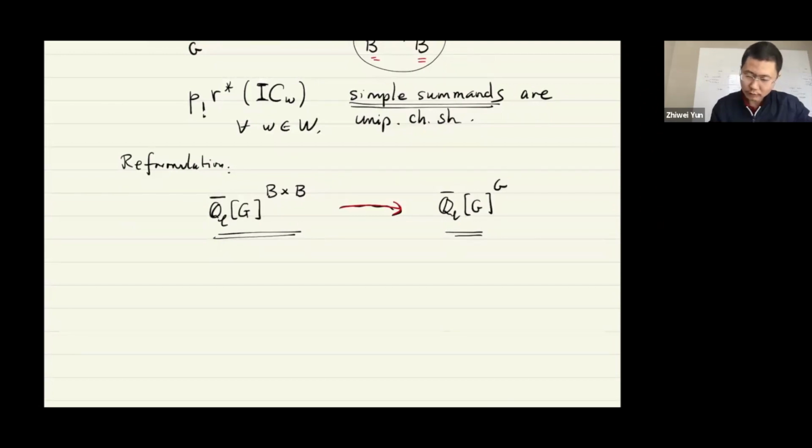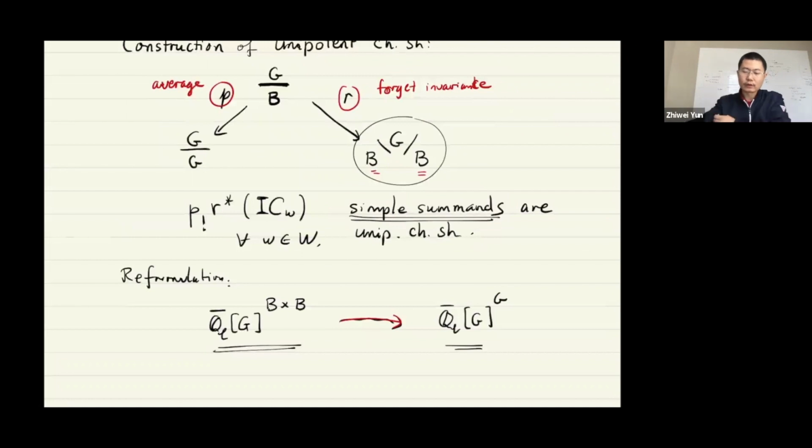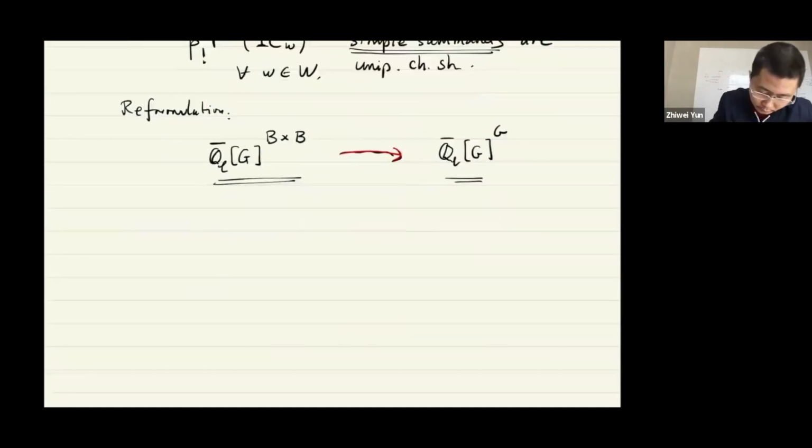So this is what we're trying to mimic, but the difficulty here is, as I said, the oscillator representation.